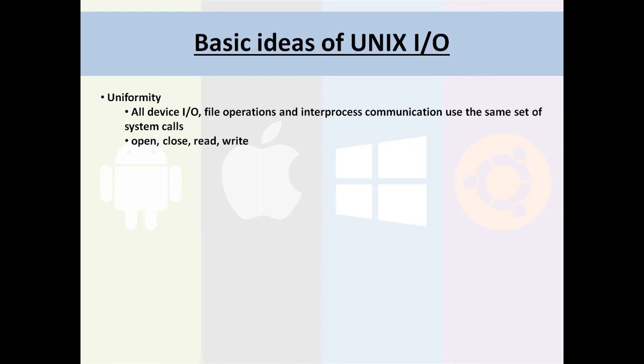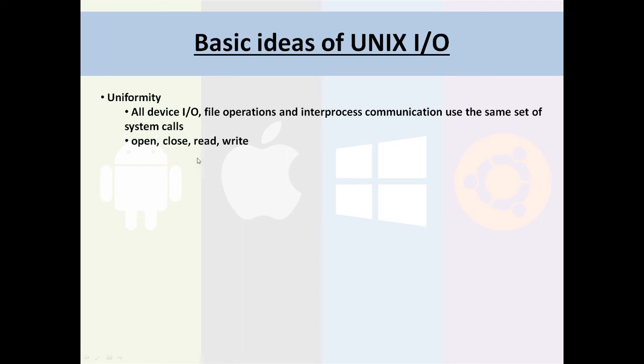The basic idea behind Unix I/O was that all device input-output, file operations, and even inter-process communication should use the same set of system calls. These were open, close, read, and write. Whenever you've opened a file, closed a file, or read or written lines, you've utilized these instructions.